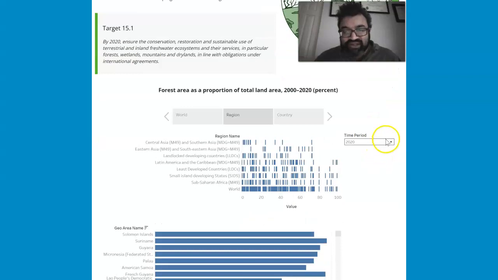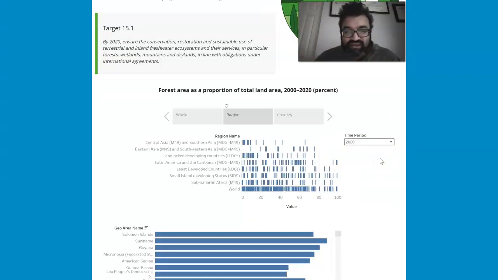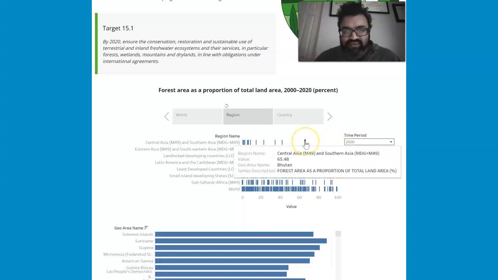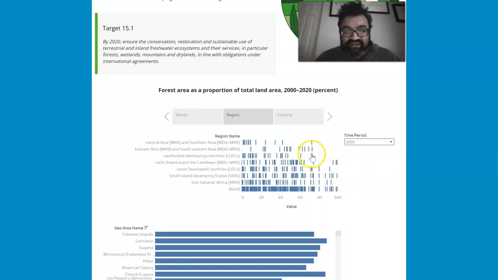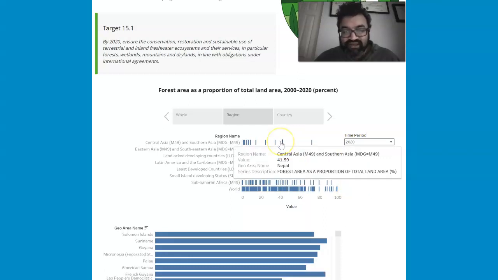And you can see this progression over time. So you can see back in 2000 how much of the countries were in fact forest. And for Sri Lanka, back in 2000, it was 34%. And let's take a look, since it's an island nation, 2020.